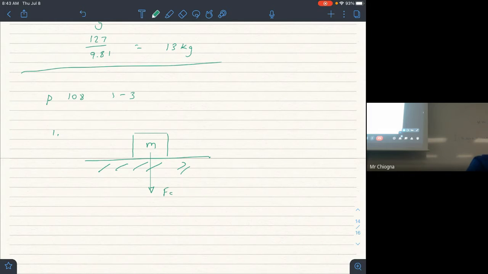FG is always pointed down. Now here's a free body diagram. It's basically the same thing, except you represent the object with the mass. There's your FG. The normal force will react in the opposite direction, and it's equal.